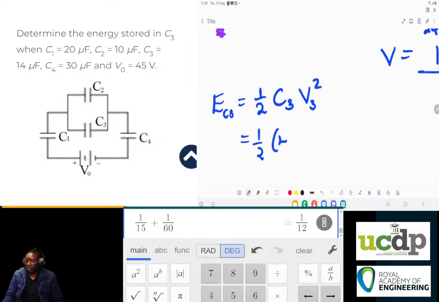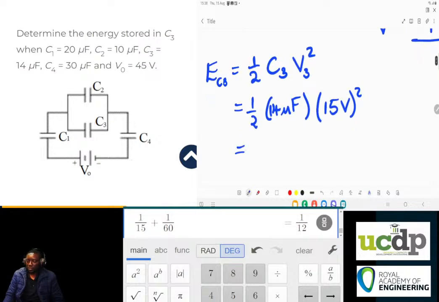C3 is 14 farads, sorry, multiplied by 15 volts all squared. And what will be that energy? 1575 joules.